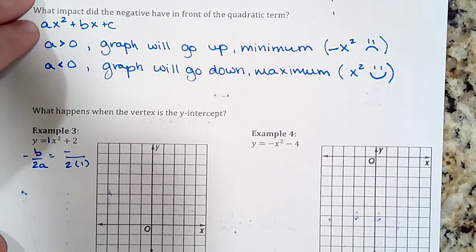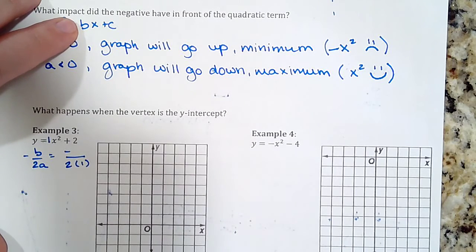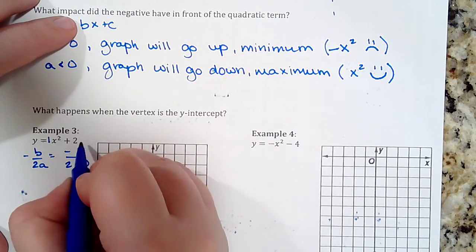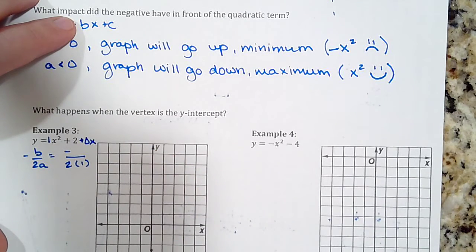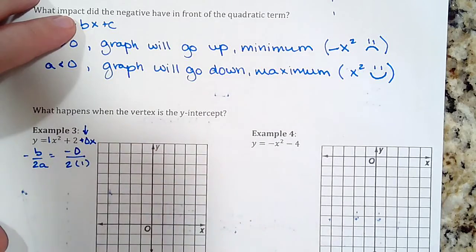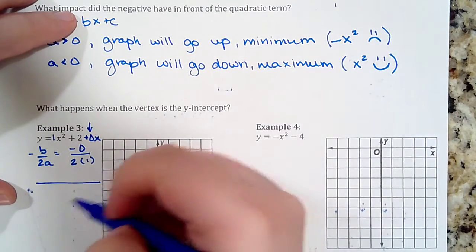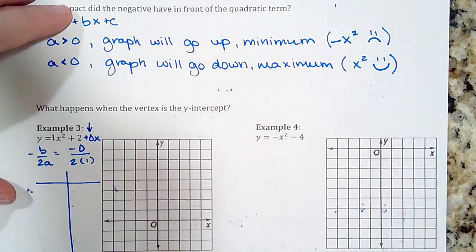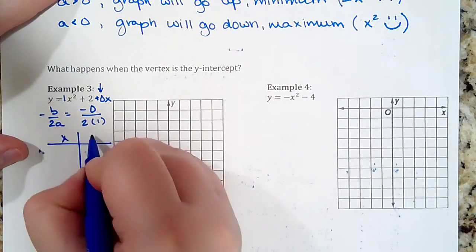my normal function formula. So because there's no b times x, we could technically rewrite this as plus 0x, because then my b would be 0. Now that's still a little problematic because we have negative 0 over 2 times 1, which is just 0.